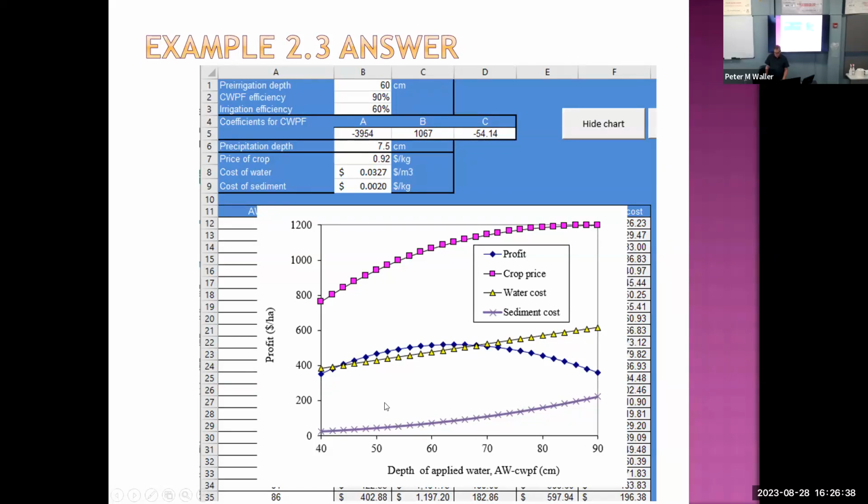And you can see that with this graph, you can pick out the optimal depth of water. So in this case, when you consider erosion, putting on 60 centimeters is the optimal depth of applied water.